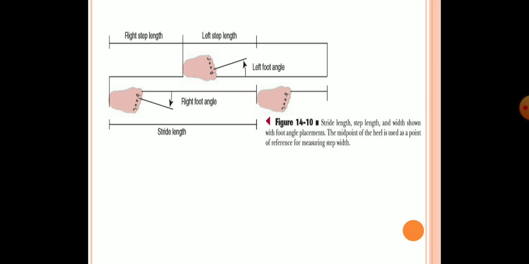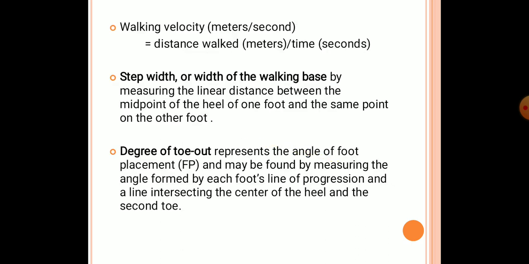So basically, how can we measure it? This is the midpoint of the heel and this is the other midpoint of the heel. The distance between the two midpoints of the heel in both limbs is known as step width, or the width of the step. So next is degree of toe out.